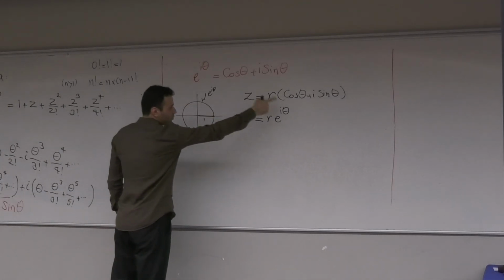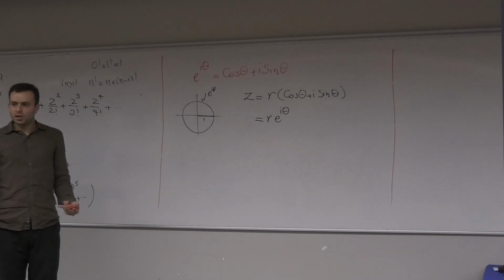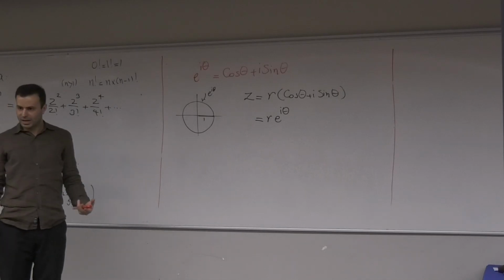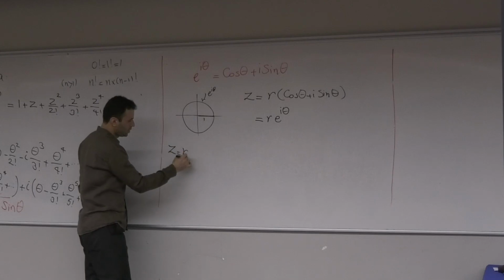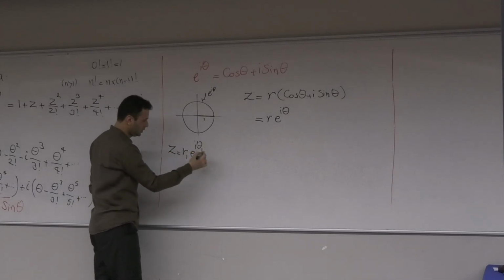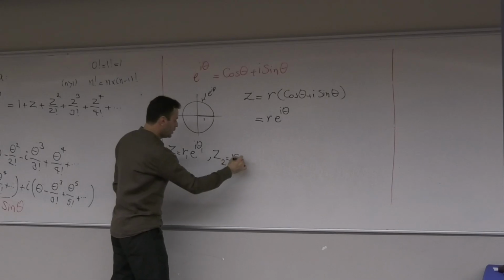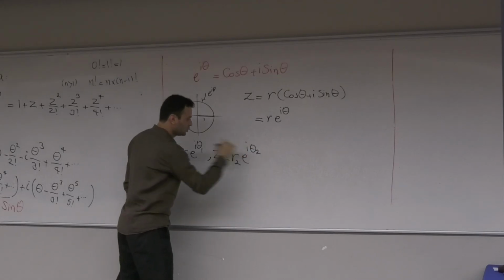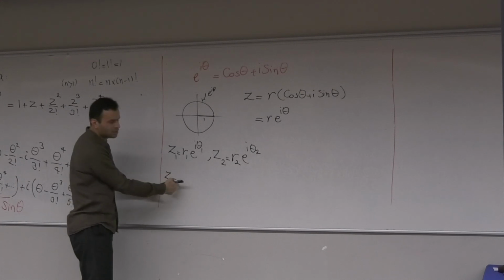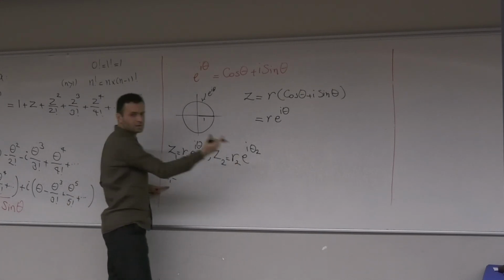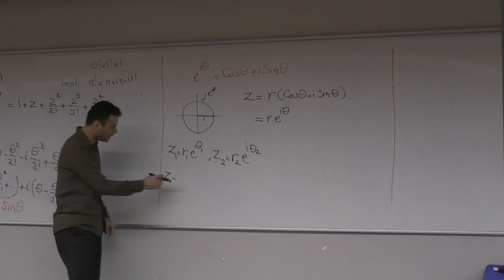In this form, if we want to multiply two complex numbers or take their exponents and so on, what will happen? If our z1 is r1 e to the power of i theta 1, and our z2 is r2 e to the power of i theta 2, what is z1 plus z2? It is just this number plus this number. There is nothing beautiful and compact over there to put it all together.